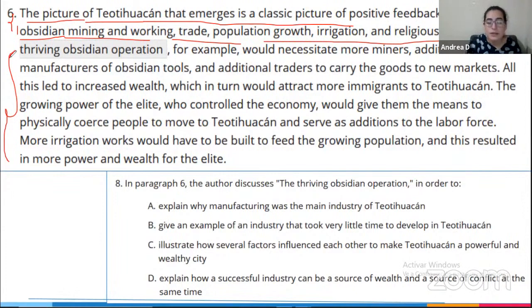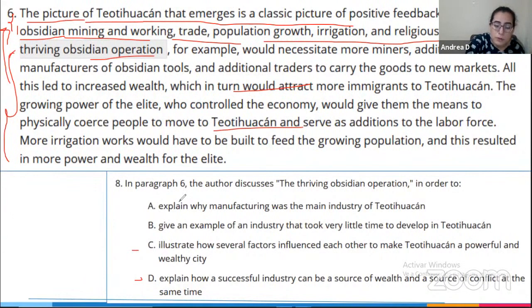So believe me, whenever you have something like, why does the author discuss this, the thriving obsidian operation, it's usually going to be to support this claim. But of course, that's not going to be one of your options, right? To support the main claim or the claim at the beginning. So you need to find paraphrases of that. Now, there are different ways in which the author can support this claim.